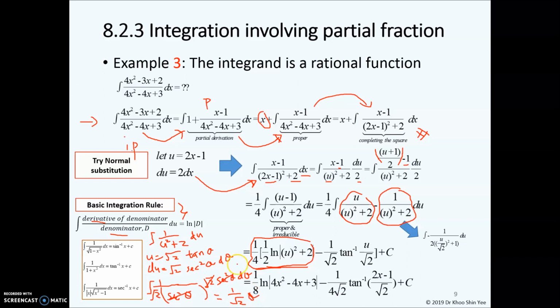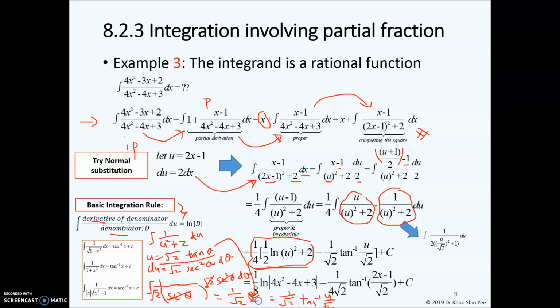So what is your angle? Your angle is this, right? So we can back substitute 1 over square root 2. The angle here we substitute, you should get u over square root of 2 and then arctangent.